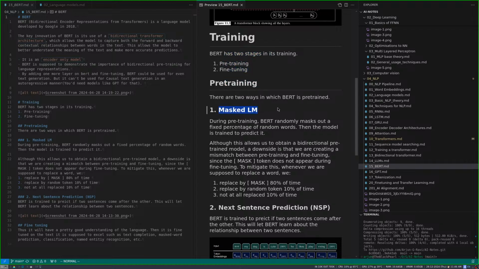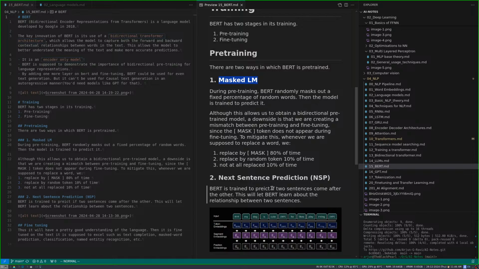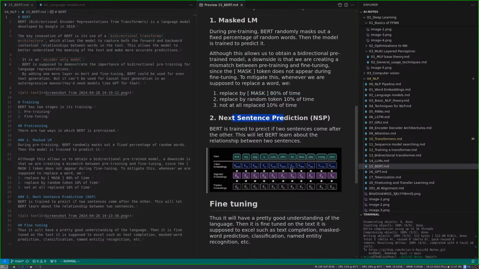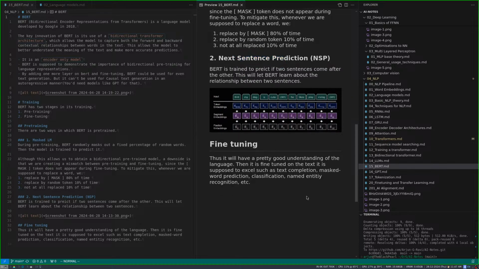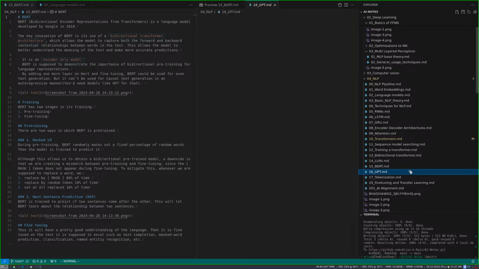For pre-training, we train it in two ways. First one is masked language modeling. We mask 80% of our text and try to predict the masked word. We also have next sentence prediction. Given two sentences, we decide if one is a continuation of the other. Then we fine-tune it on the task.